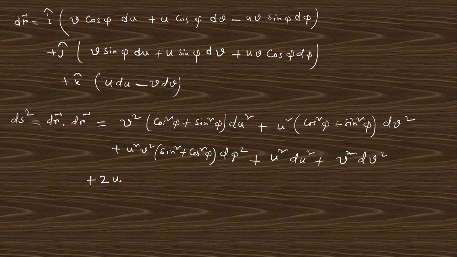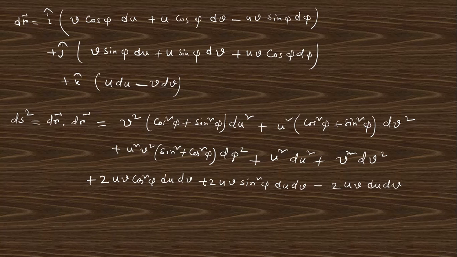So 2uv cos square phi du d phi dv, minus 2uv sin square phi du dv, and here minus 2uv du dv.